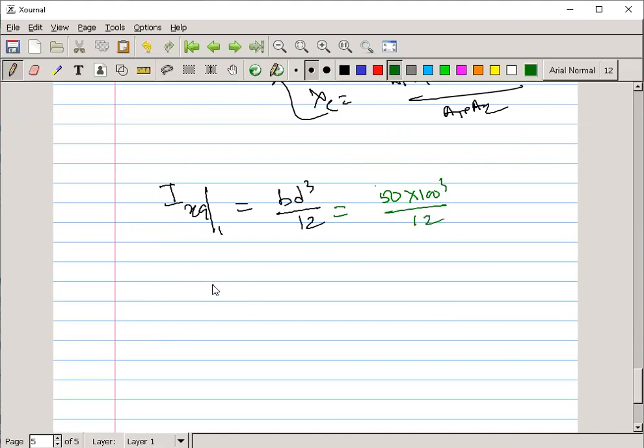Similarly, I of xg for section 2, also bd cube by 12, is 150 into 50 cube by 12.